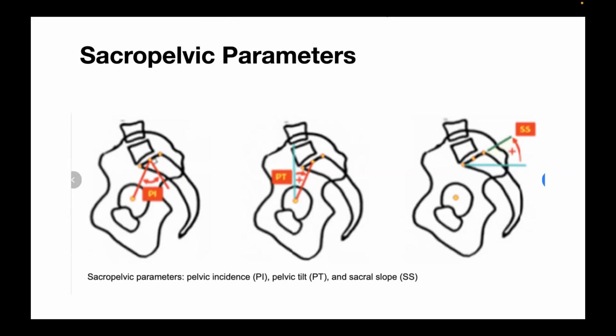Pelvic tilt is measured from the center of the femoral head to the midpoint of the upper border of the sacrum, relative to the vertical axis, and sacral slope is measured as the angle made by the line drawn along the upper border of the sacrum to the horizontal.